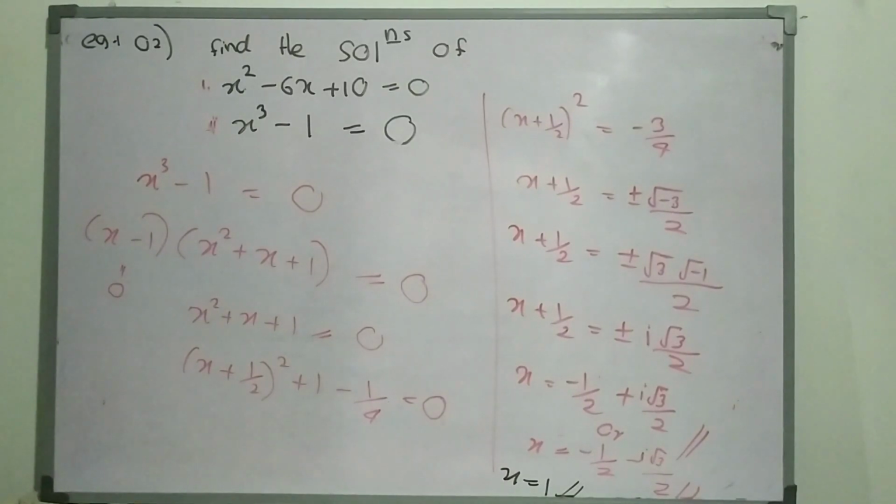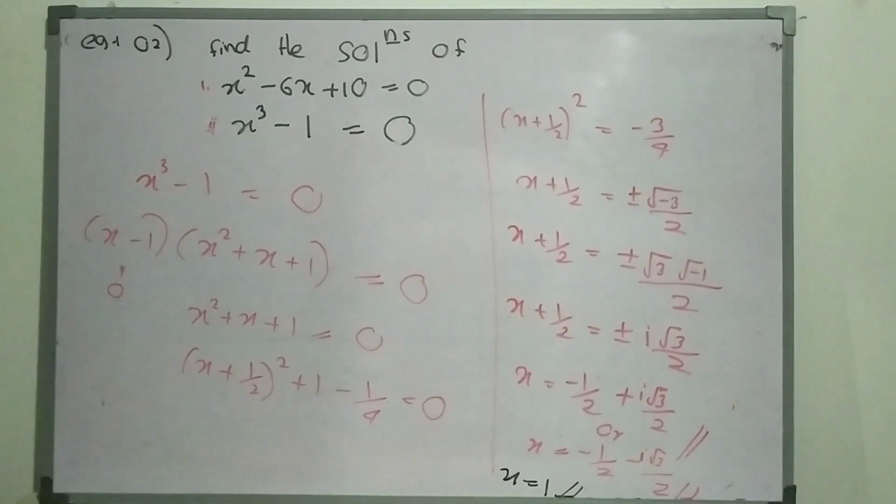So always, if any polynomial function has complex roots, the complex roots come two by two. So there should always be an even number of complex roots.